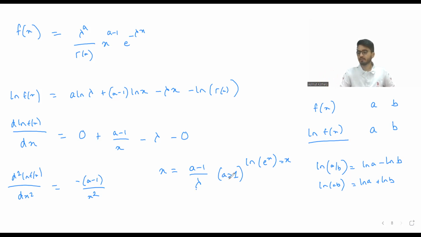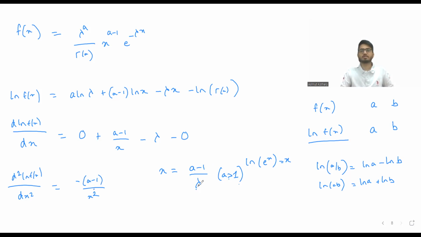And other than that, if alpha is greater than 1, then the mode is given by (alpha minus 1) by lambda. Since we are stating the condition that alpha must be greater than 1, in the second derivative the numerator will be negative, and x square is always positive, so clearly the second derivative is negative.